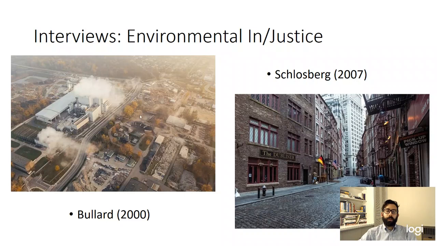There's other work that shows that these LULUs might be placed in communities for various reasons, from low income and cost of land, to actually putting them in places where they know people will not have the time or the ability or resources to resist and protest and fight it. And so it might be in communities that are predominantly people of color, or immigrants.